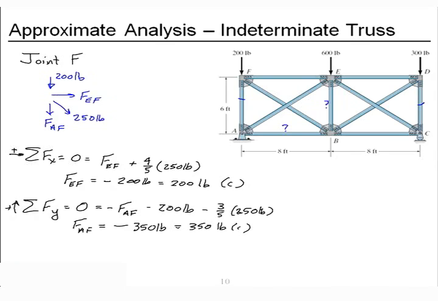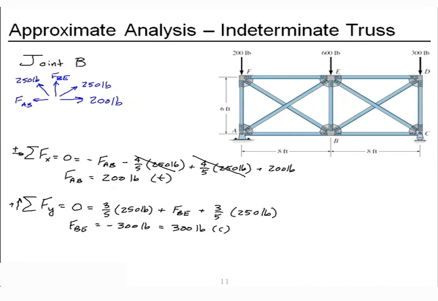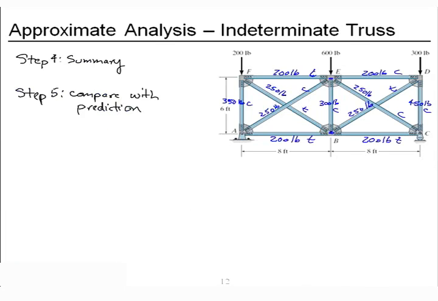By jumping all the way across the structure to joint F, we figured out the remaining top chord and the vertical at AF, and it left us with only 2 unknowns, and joint B contained both of those unknowns, so our last joint was B, and we figured out the rest of our truss forces. We summarized those on the picture of the truss. We compared it with our prediction at the beginning, and lo and behold, it compared well. Great job.